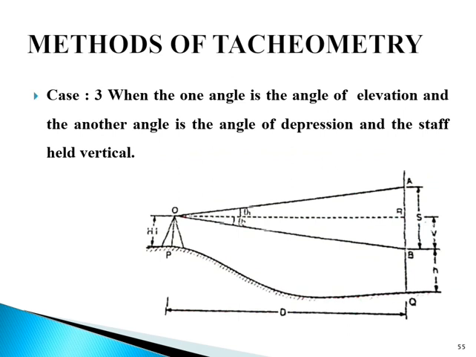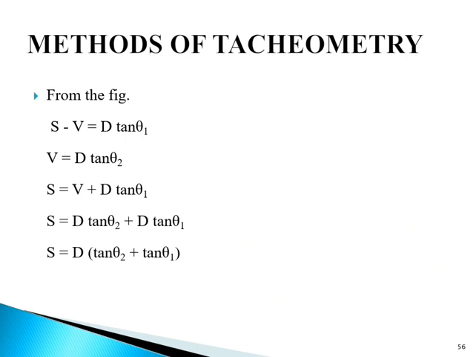Next, case 3, when one angle is of elevation and the other is an angle of depression, and the staff is held vertical. We can see here one angle is in elevation and one angle is in depression. So from the figure, S minus V is equal to d tan theta 1. V is equal to d tan theta 2. So S is equal to V plus d tan theta 1. So S is equal to d tan theta 2 plus d tan theta 1.